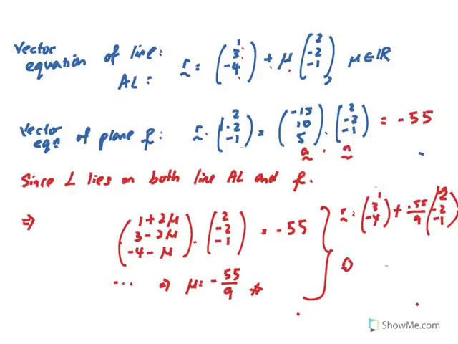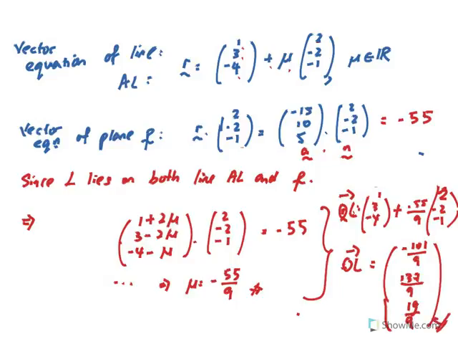So you should have your position vector OL to be quite an ugly number: negative 101 over 9, 137 over 9, and 19 over 9. Yep, that's the position vector of L.